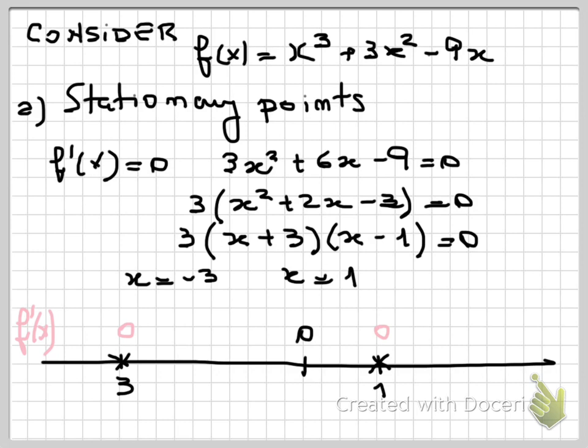So, for example, if I am at negative 3, for values which are lower than negative 3, the first bracket is going to be negative and the second bracket is going to be negative, so the derivative is going to be positive: negative times negative is positive.